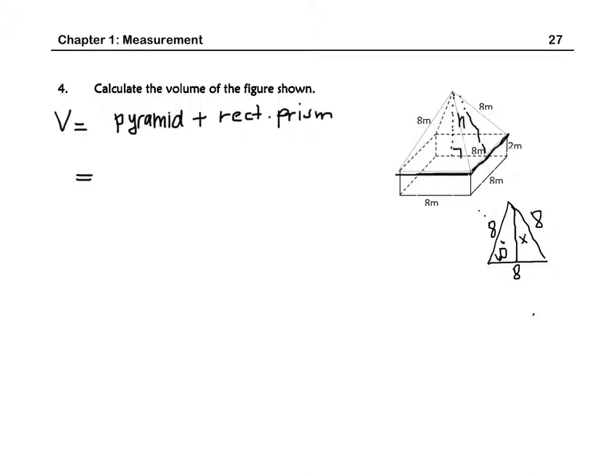We could use trig to figure it out, because we could use sine of 60, because this would be a right angle. Sine of 60 is x over 8. And that would give you x equals 8 times the sine of 60.